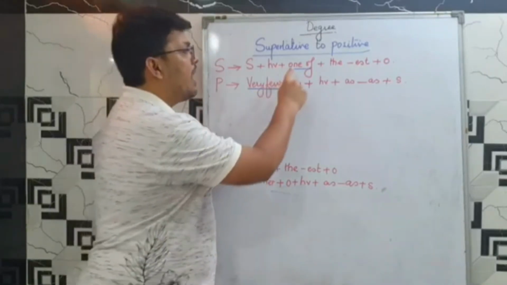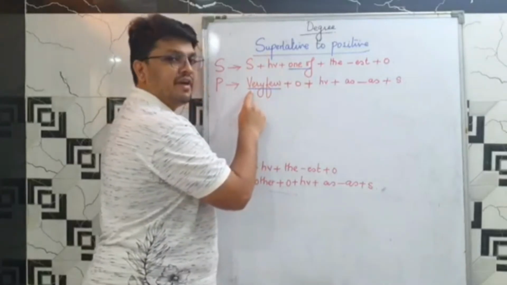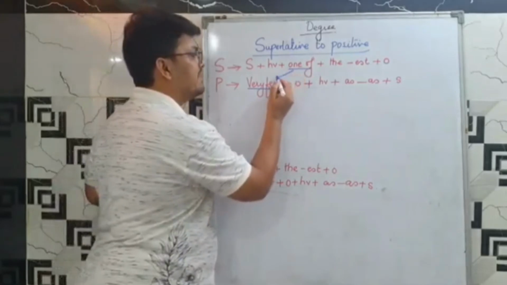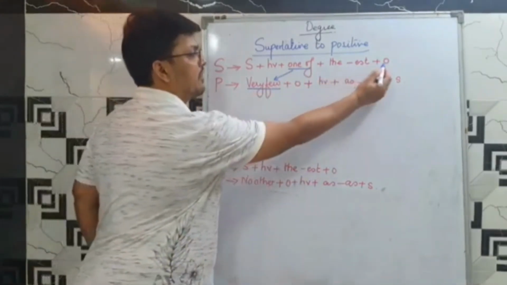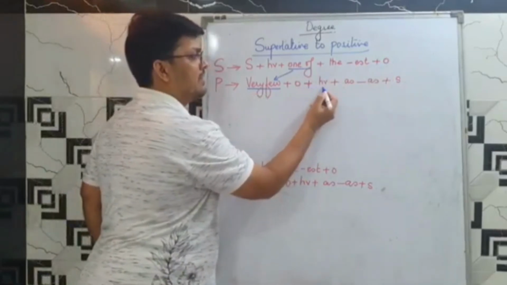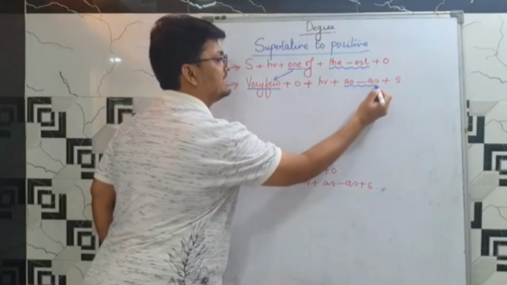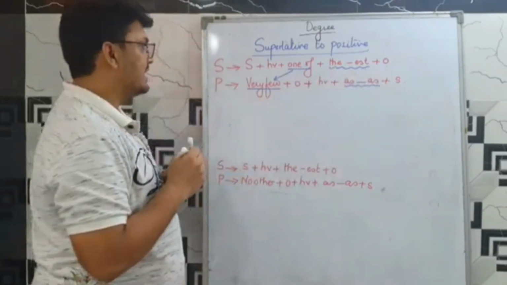If you see one of in the superlative degree, begin the positive degree with very few. Then that follows with the object plus helping verb, then the est will change into as, and then the subject will come over here. Let's take an example.